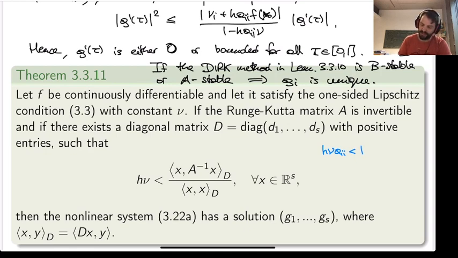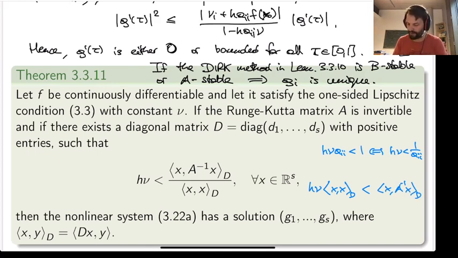This thing here, if you reformulate it, could be seen as h nu less than 1 over a_ii, and reformulated this just states h nu times the D-norm of x is less than the inner product of x with A inverse x in D. So it's just in a particular inner product, the one defined by D, we get a similar condition as the one above, but now we don't need to assume that we have a DIRK.